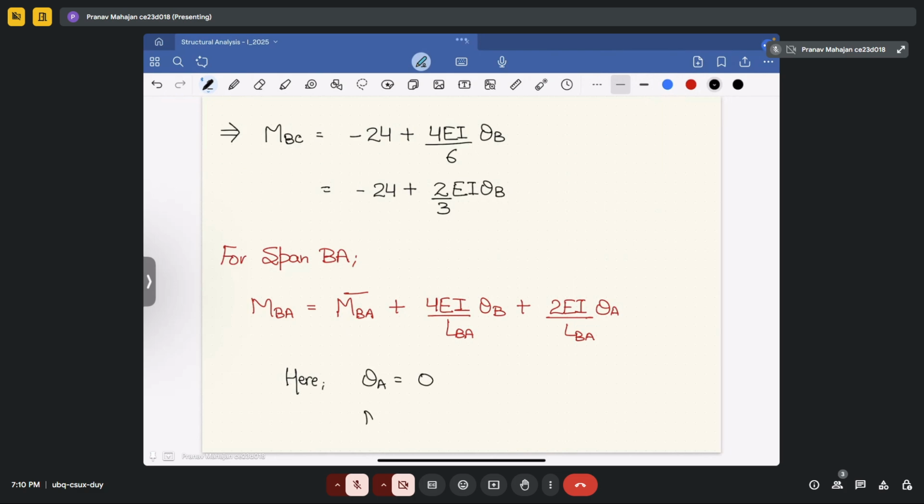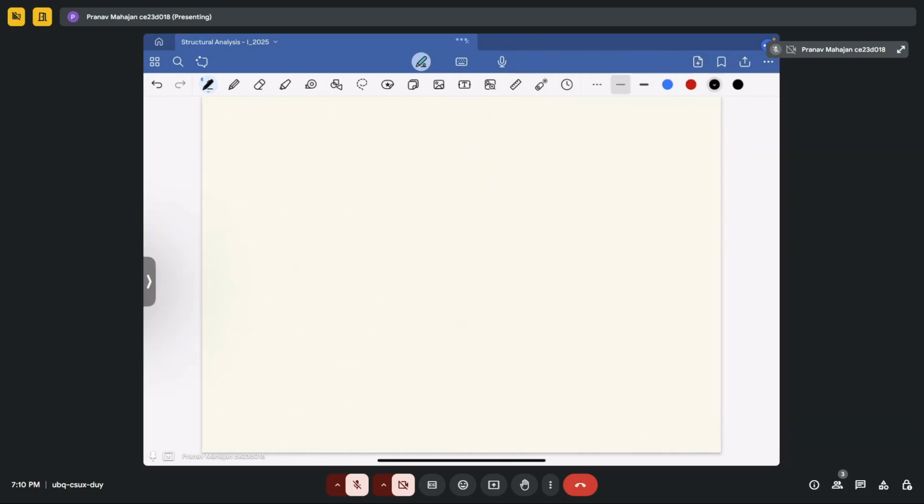Why? Because of fixed support. And your MBA bar, what will it become? It will also be equal to 0 because there is no loading in between the span. So substitute all the values. What we will get? We will get the value of MBA to be equal to 4 EI upon L, L is also 4, into theta B, and it will become equal to EI theta B.